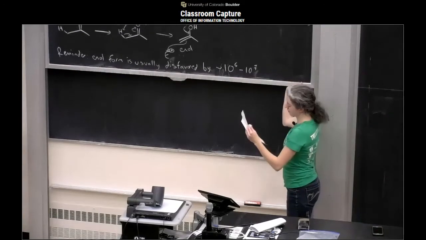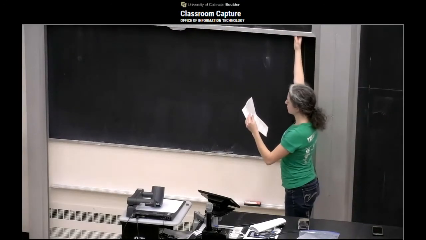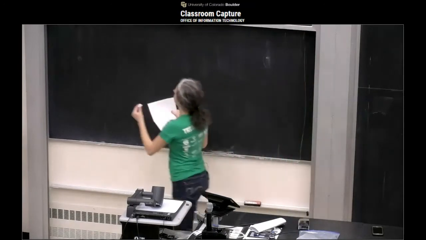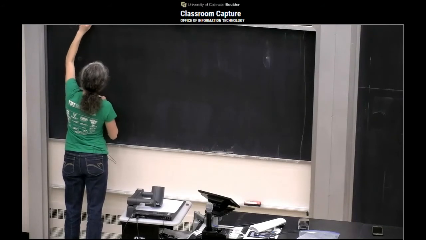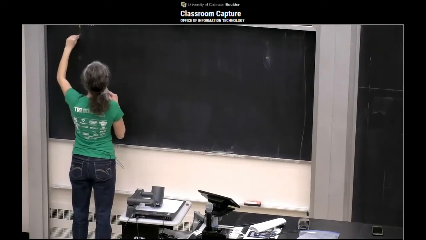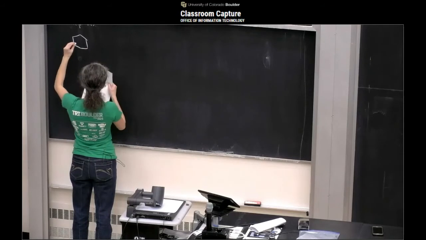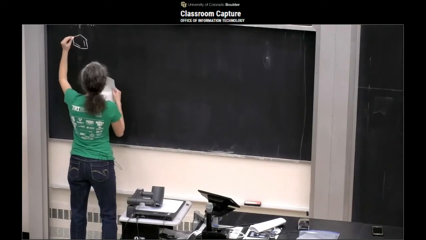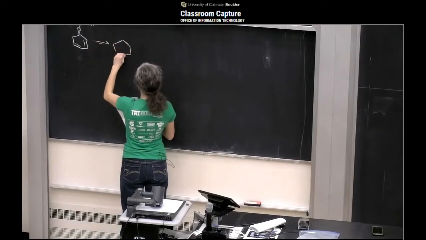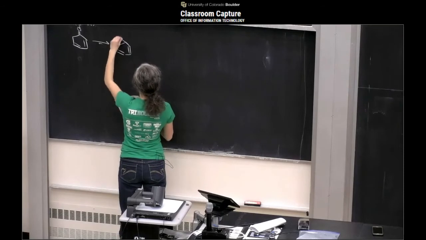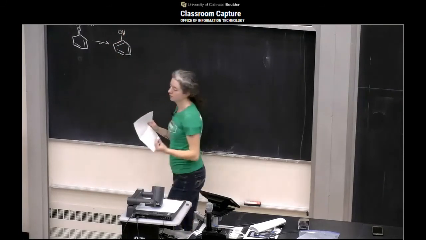But there are a few exceptions. Basically, if you give the molecule any really good reason to prefer the enol, for instance, if it can achieve aromaticity that way, then it's going to strongly favor the enol.